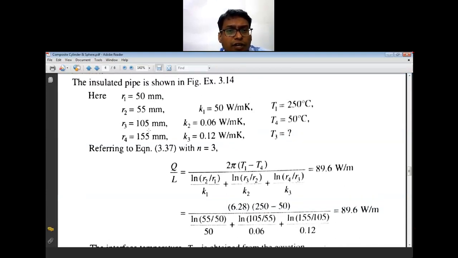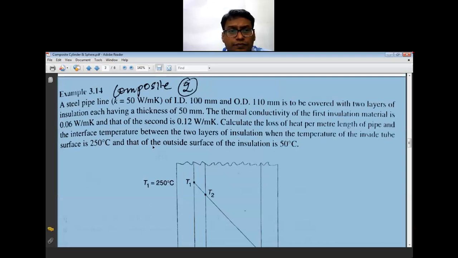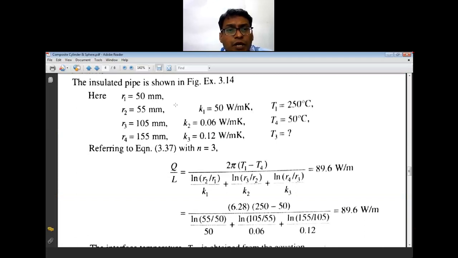So R1, R2, R3 and R4, that is mentioned here. Then the thermal conductivities K1, K2 and K3 are mentioned, and the temperatures of the inner and the outer surfaces are mentioned, and we are asked to calculate the temperature T3, the interface temperature.